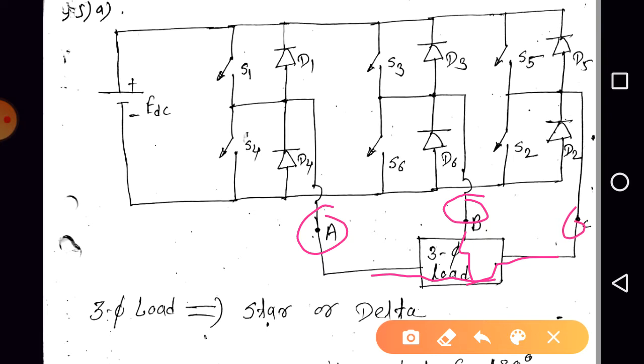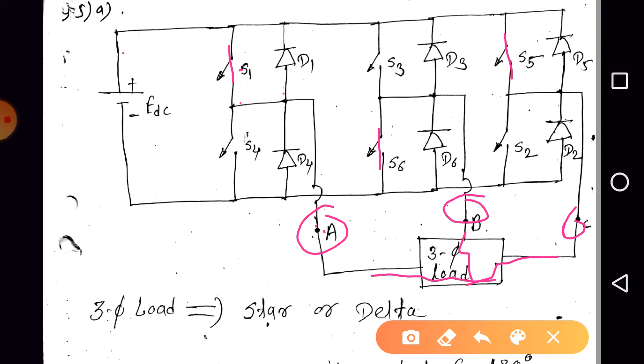During this interval, switches 5, 6 and 1 are on. When switch number 1 is on, phase A of the load is connected through S1 to the positive plate of the EDC.